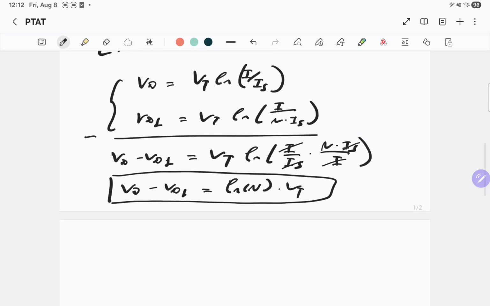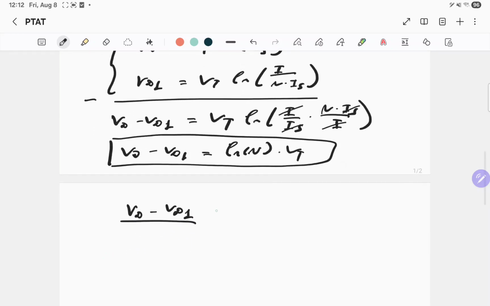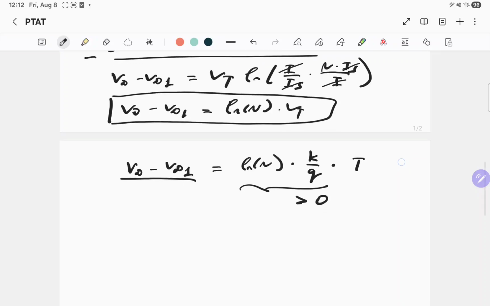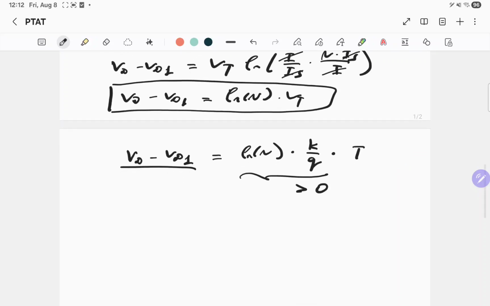Therefore, the Vd minus Vd1 is also a PTAT voltage reference, because if we write it, it would be log of N times K over Q times T. So this would be the coefficient which is greater than 0, and therefore Vd minus Vd1 is a PTAT reference.